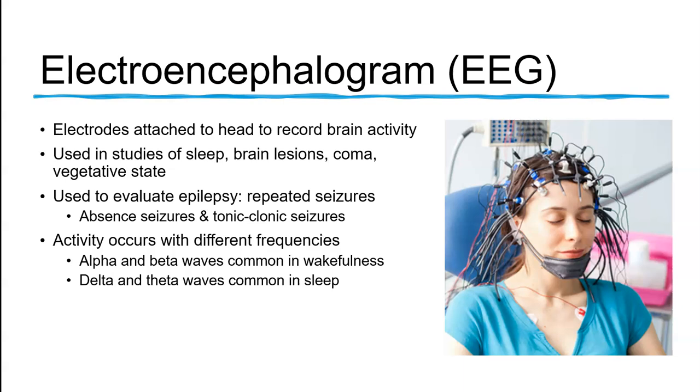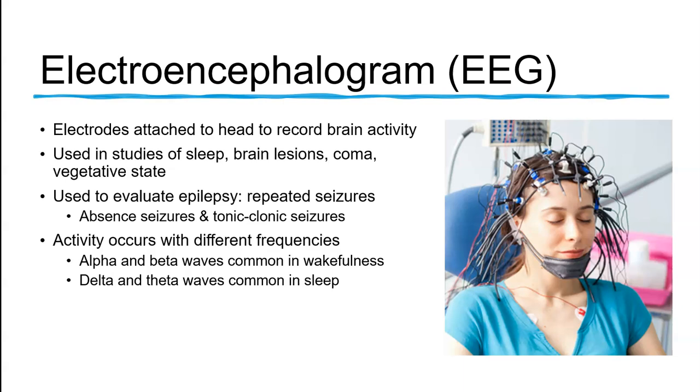A seizure is just an abnormal firing of the neurons in the brain, so abnormal electrical activity, and there are different types. An absence, or absence as I've heard it called, seizure is a non-motor sort of generalized seizure.